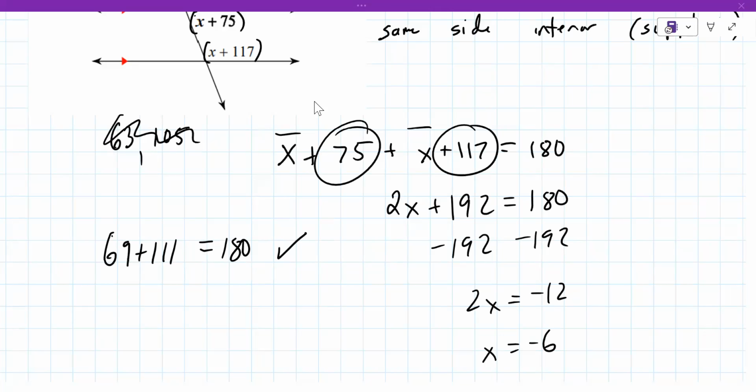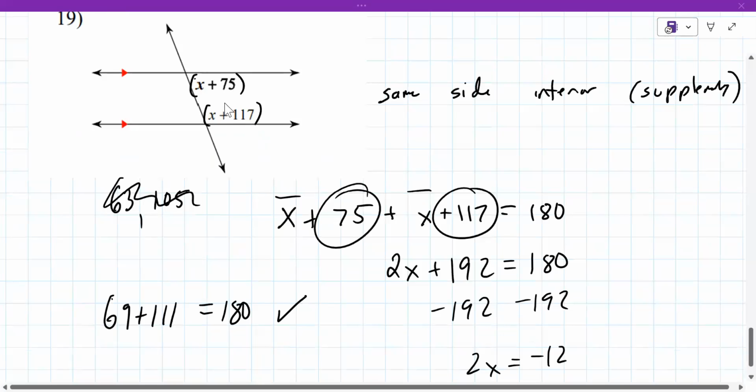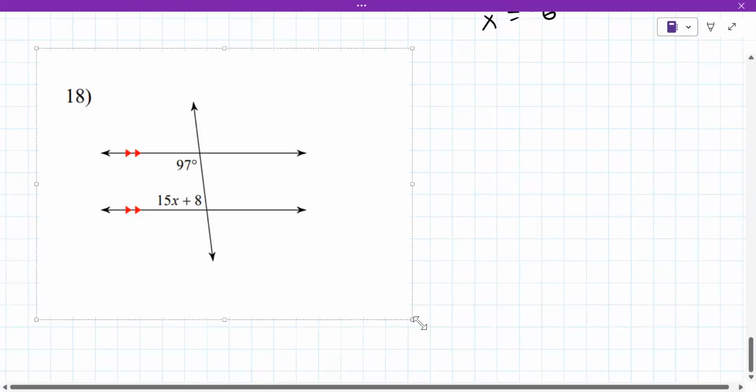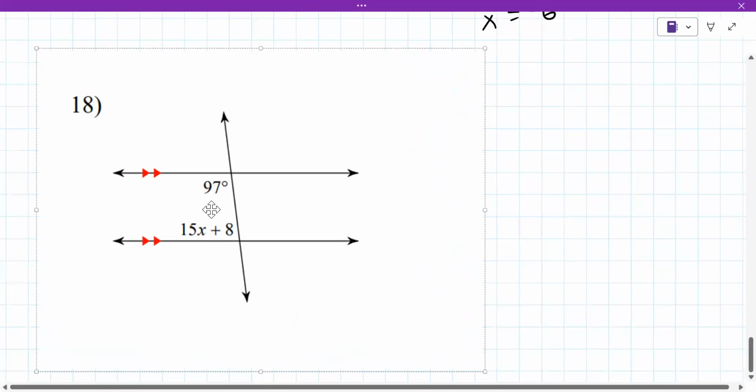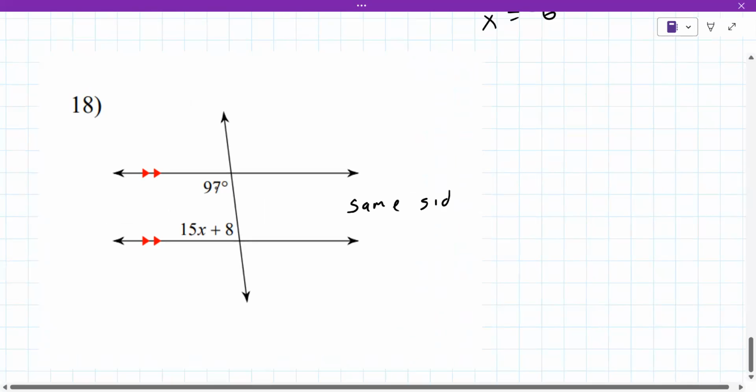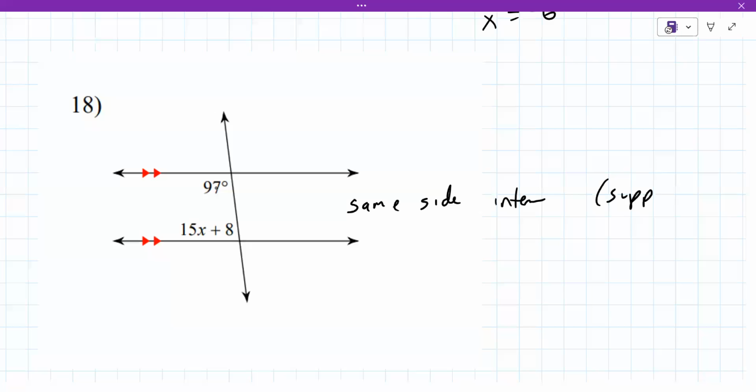I'm sorry, I'm grabbing another problem. So notice that the same side interior, the first problem I gave you, it's on the right. They can also be on the left. So your same side interior can also be on the left. The same side interior angles are always supplementary.